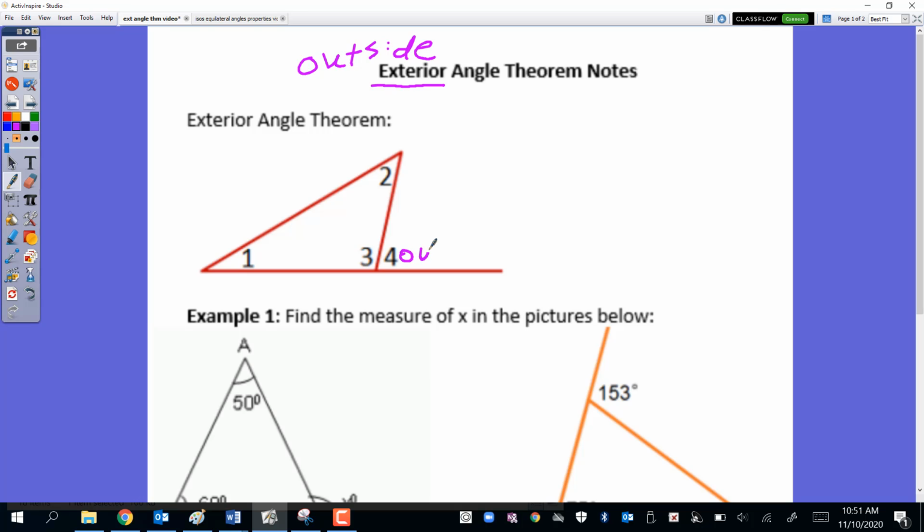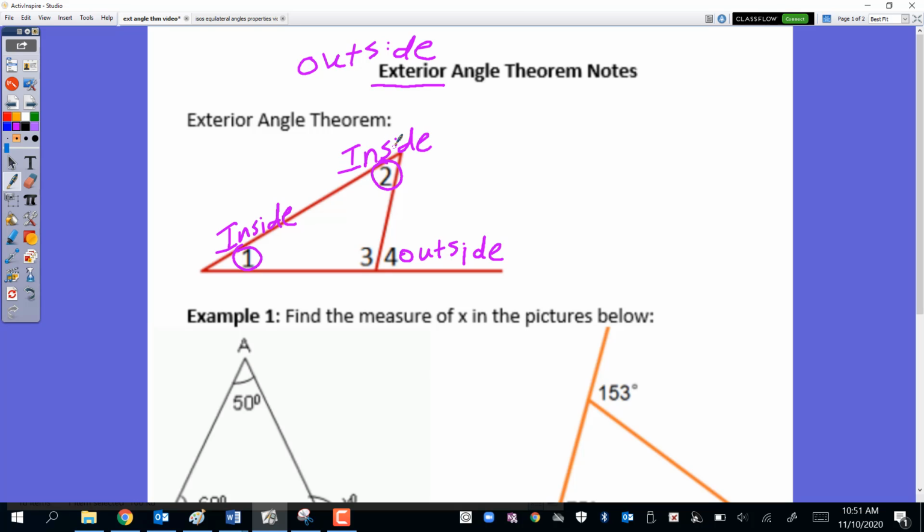So I'm going to label this one as on the outside. And using what we know about some of the angles on the inside, we can figure out what this one on the outside is. So the angles we're going to use are angles 1 and 4. So we're circling them. Or 1 and 4. 1 and 2 are the angles on the inside, so I'm going to label this inside and inside.